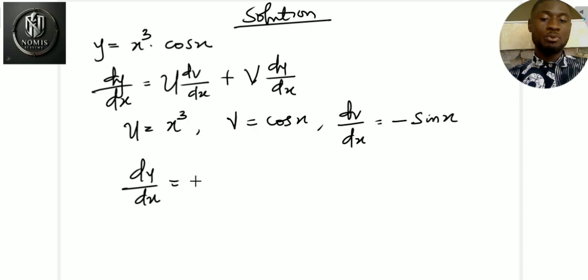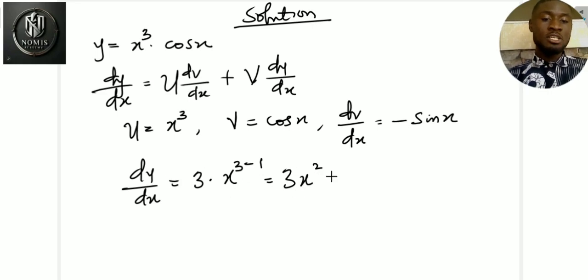Just use the simple formula: 3 multiplied by x raised to the power of 3 minus 1. I brought down this superscript 3 to multiply, then subtracted 1 from that same 3. So that gives 3x raised to the power of 2. This is the du/dx.